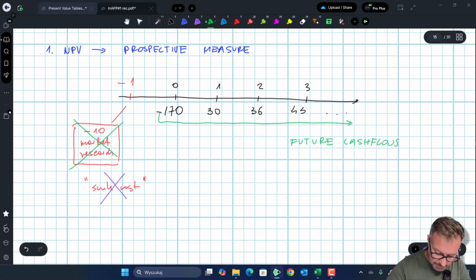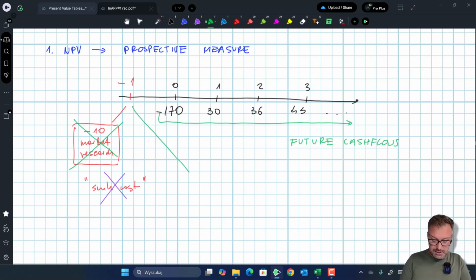For example, you can assume that the company 1 year before the start of the investment project paid 20,000 euros for a piece of land, and then this land will be used in the investment. Now we can think about this purchase of land in terms of whether it is a sunk cost or not. Well, intuitively we feel this is not a sunk cost.